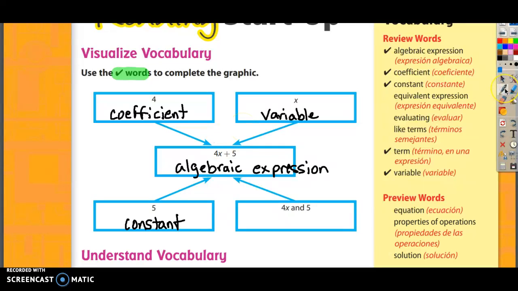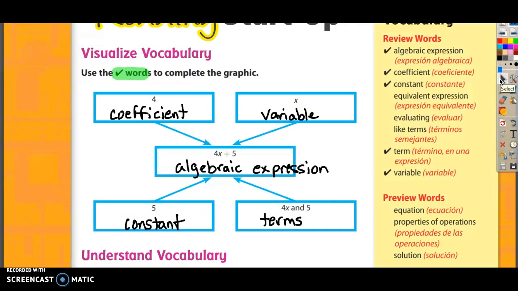And lastly, 4x and 5 both have a name, they're called terms. All right, so to review, the 4 is called the coefficient, the x is called the variable, the 5 is called the constant, and 4x and 5 are both called terms. I want you to try your best to memorize these terms because these are important.